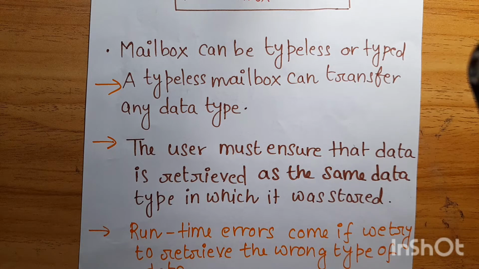If it is holding only a particular specific type of data, then we have to provide the keyword of that type, whether it is an integer type of mailbox or a floating type of mailbox. The keyword has to be provided.